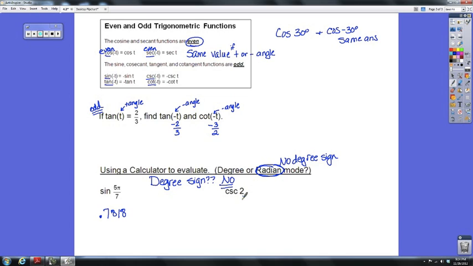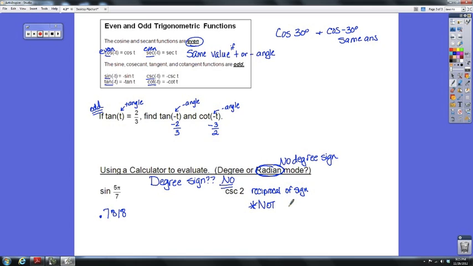Okay, now for cosecant. Cosecant is the reciprocal of sine. Here's what a lot of you are going to be tempted to do, because this is what you did in geometry. I'm going to show you on the calculator, but I'm going to write down what you don't do first.